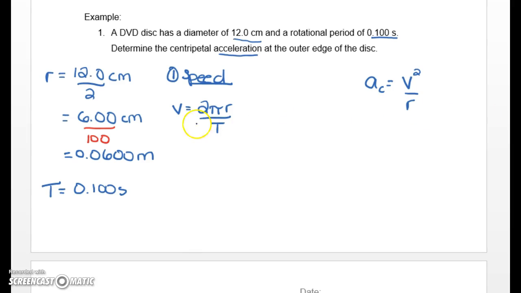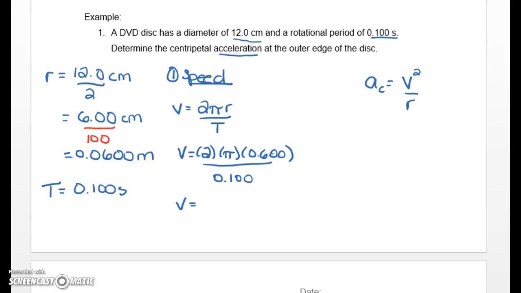If you plug in your values into your formula, you have v is equal to 2 times pi times your radius, which is 0.600, and then divide that by that period, which we know is 0.100. So go ahead and plug all that into your calculator.